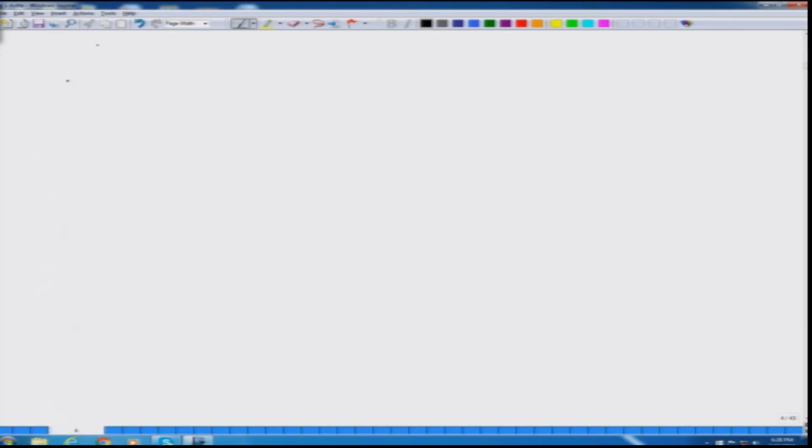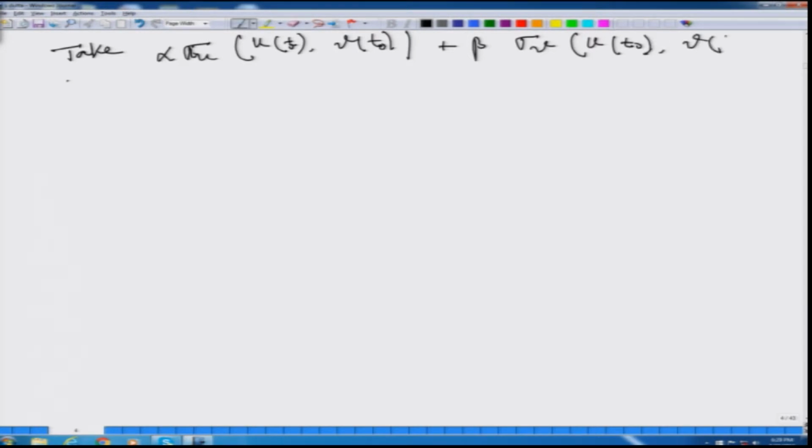Now, take alpha, sigma u, u(t), v(t), and consider the curve gamma(t) equal to that.